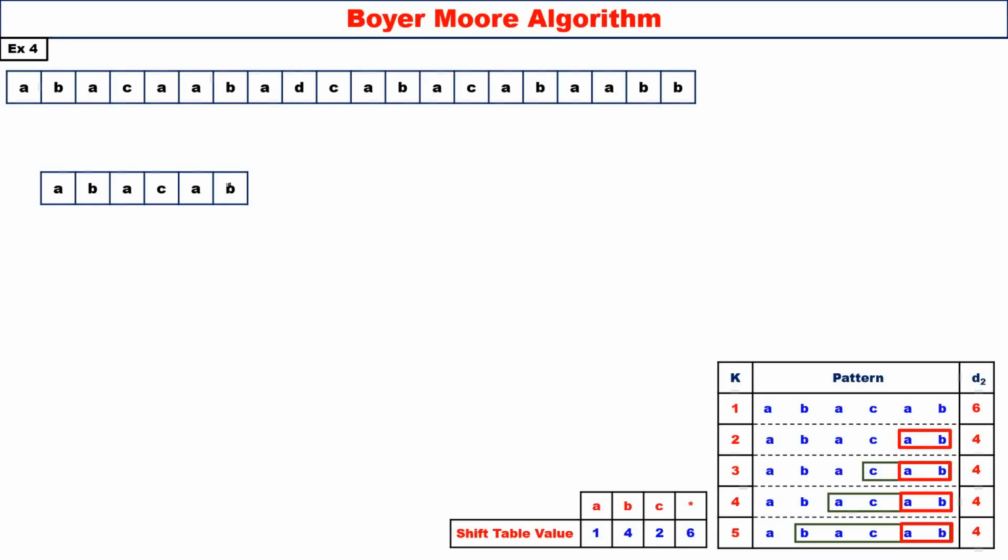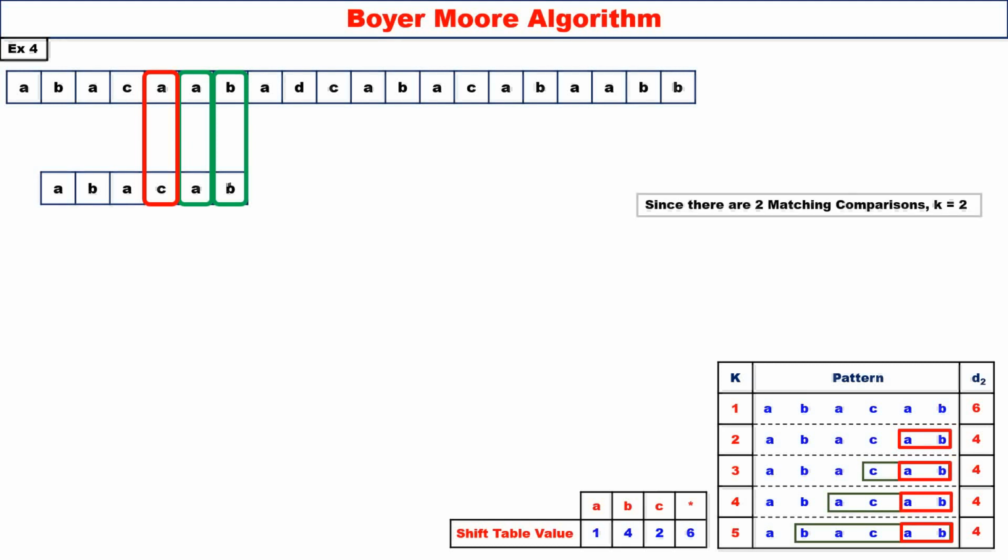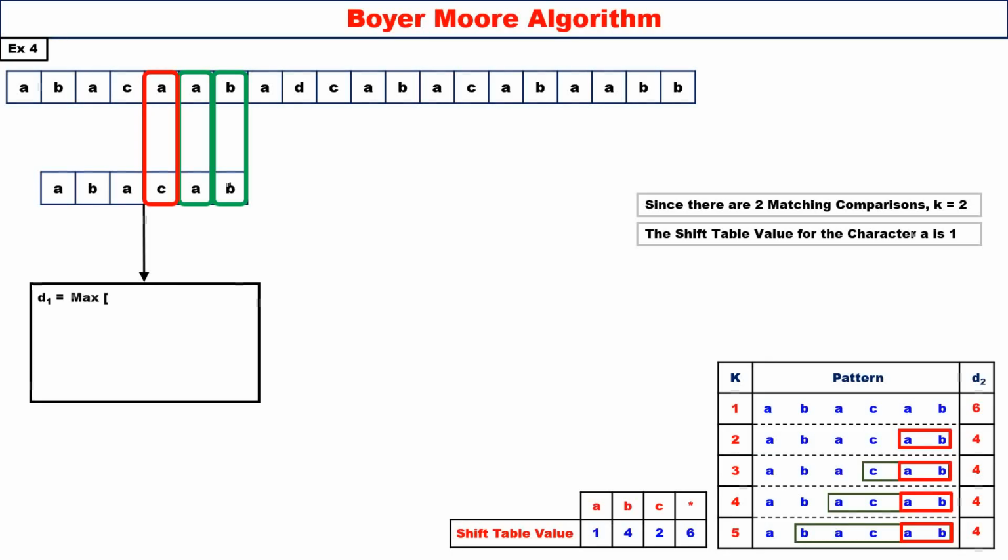Now again, let us do the comparison from the right. B and B matching, A and A matching, C and A mismatch. So there are 2 matching comparisons. K is equal to 2. The shift table value for the character A is 1. So now let us do D1. What is D1? Maximum of 1 minus 2 and 1.